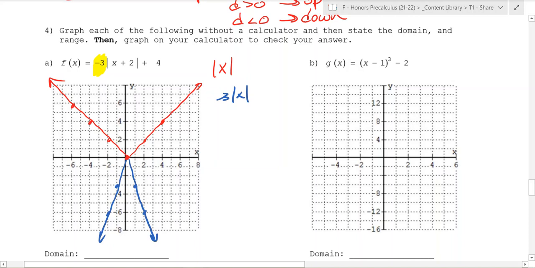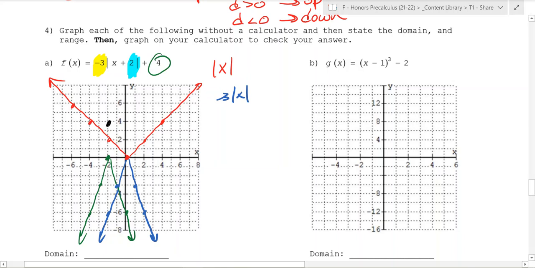But then what does that 2 on the inside do? Well, that 2 on the inside moves it 2 to the left. So you end up with the same shape, but 2 to the left from the +2. And then the last thing is this up 4. It goes up 4.